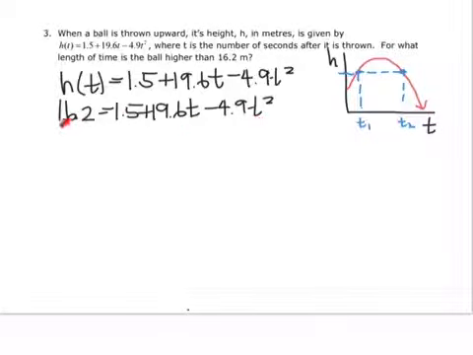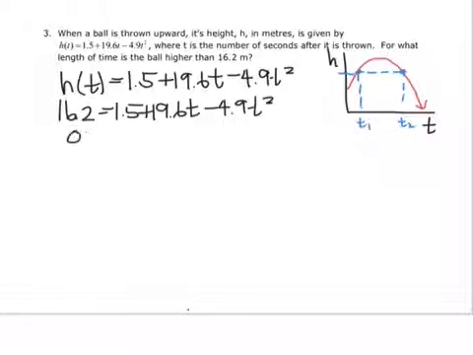It's hard to see with this writing, but you can write it better on your papers. So the first thing we need to do to solve for t, whether we're using completing the square, factoring, or the quadratic formula, is make sure that one of the sides is equal to 0. So I'm going to bring this 16.2 over to the other side, and we'll collect like terms.